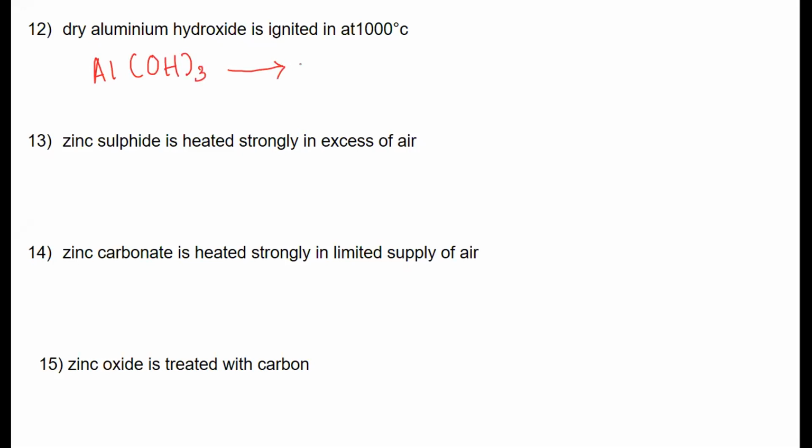On igniting or heating, alumina is formed. The formula for alumina is Al2O3 plus 3H2O. 3 molecules of water are also released. Al2O3 is alumina.